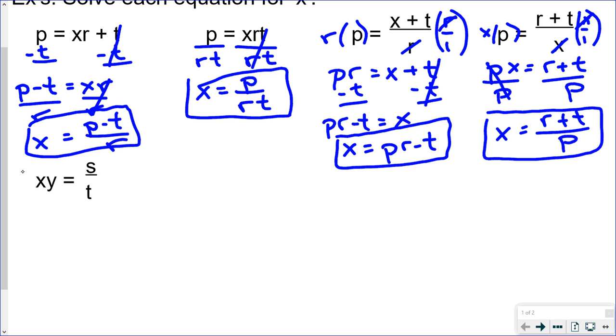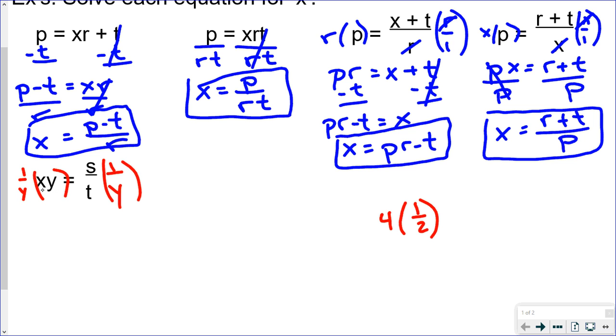So if I multiply this by 1 over y, and multiply this side by 1 over y, again, that's the same thing as dividing by y. It's just like if I wanted to do 4 divided by 2. 4 divided by 2 is the same thing as 4 times 1/2.